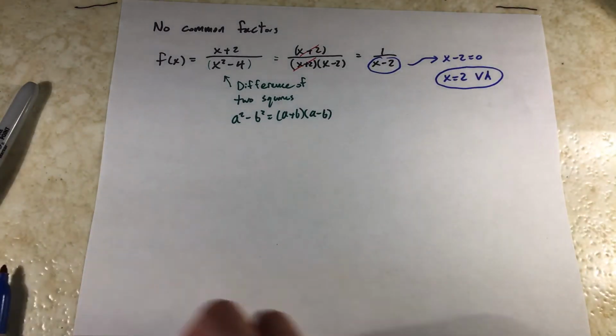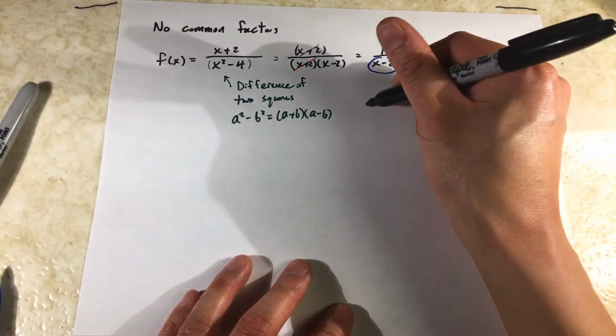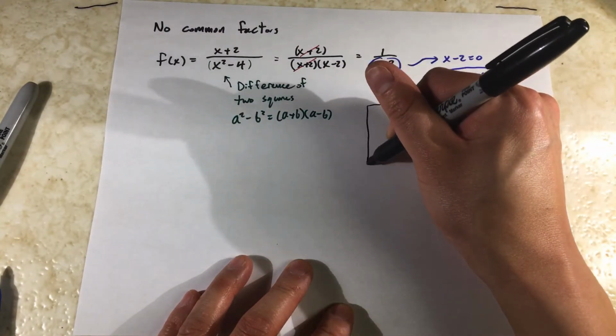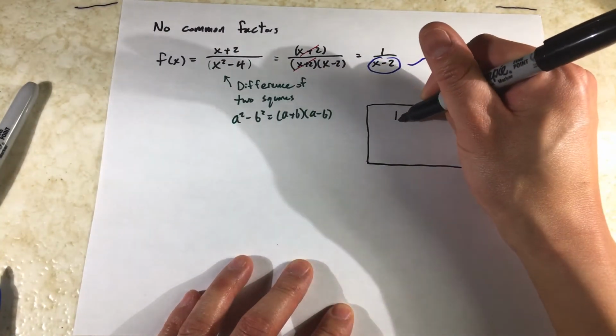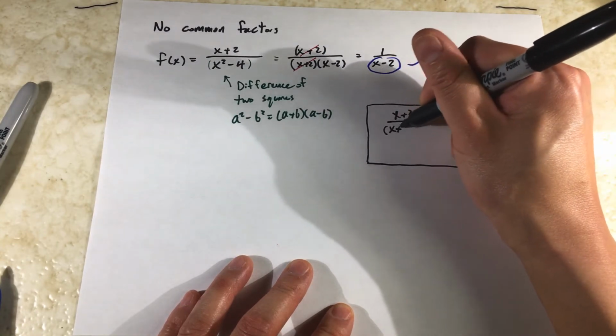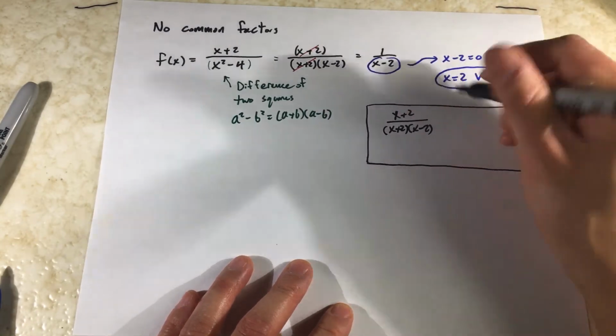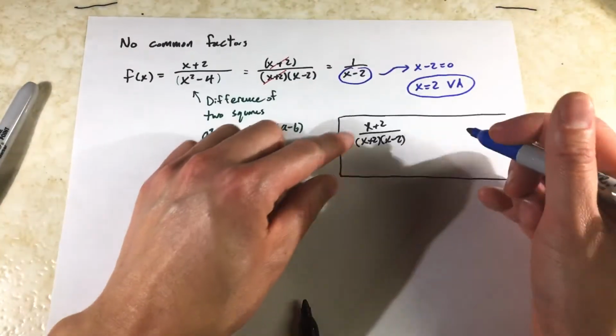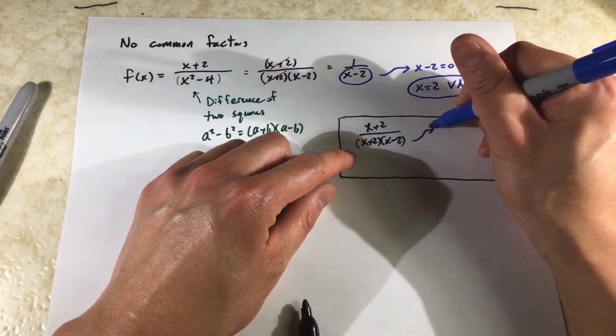Okay? Now, if you didn't do that, let's say you didn't look to cancel out those common factors, what you would have is x plus 2 over x plus 2, x minus 2. And you might think, well, let me make this whole denominator 0.